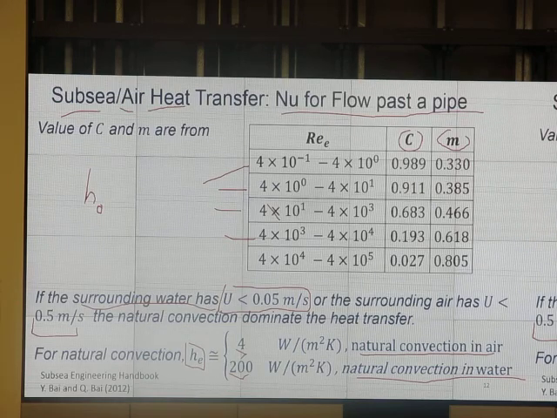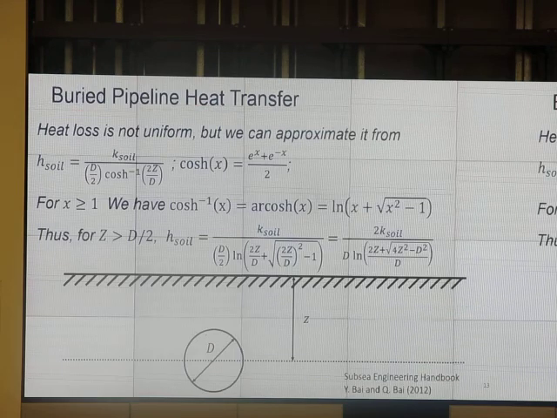What if the pipe is buried? What if we bury the pipe? Hey, we will help prevent heat loss, right? So if the flow hits directly with the pipe, I lose heat. But if I bury the pipe, when I have flow, heat has to go through the sea floor first before going to the water above the sea floor. There's a formula for that calculation. There's an estimation of heat transfer coefficient based on thermal conductivity of soil.